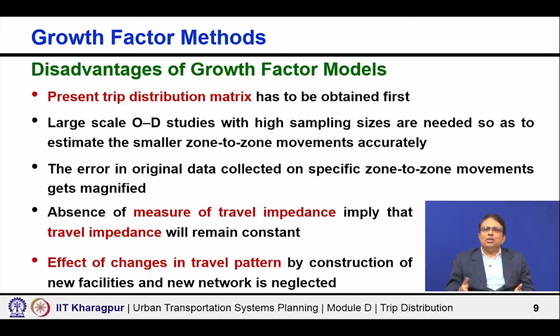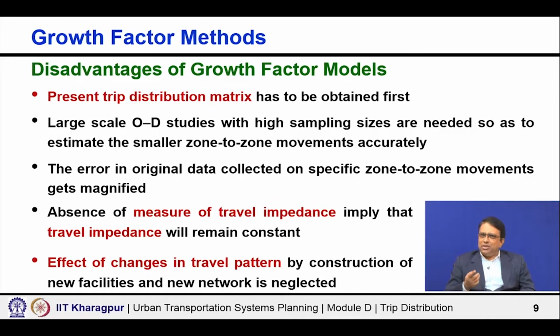So, it may be that we already did a transportation study and we have this base year matrix, and maybe in the last 1 or 2 years there is practically no significant change in the transport network. So, we can always apply these growth factor methods to quickly update our matrix, right. So, this is the place where you have to be careful: you cannot apply these growth factor based models if there is a significant change in the transport network.